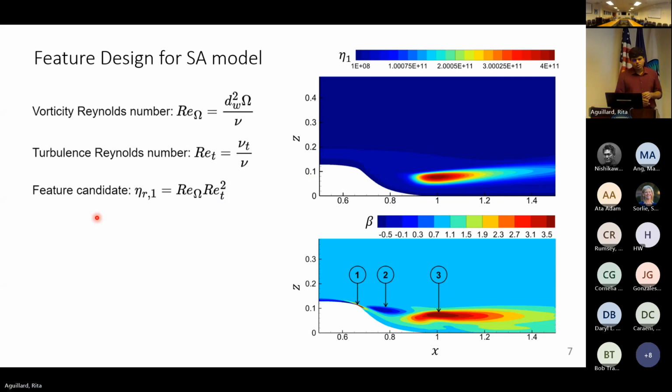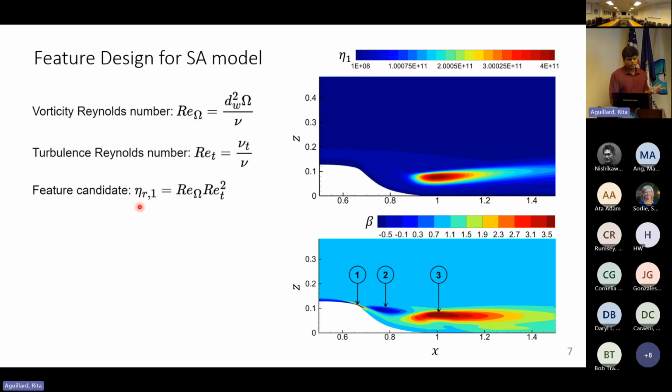All right. So once we had identified that we want to get this region modeled correctly, we said, okay, let's find a feature that matches this region as closely as possible. Because what we want to do is implement our augmentation only in this region and nowhere else. We don't want to touch anything else. So we use the vorticity Reynolds number and the turbulence Reynolds number.